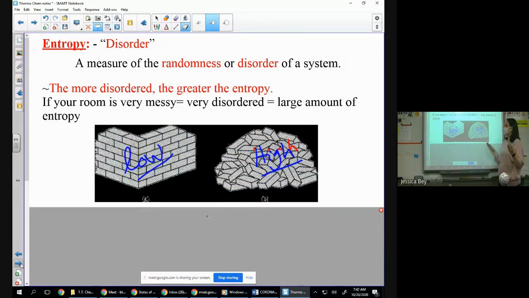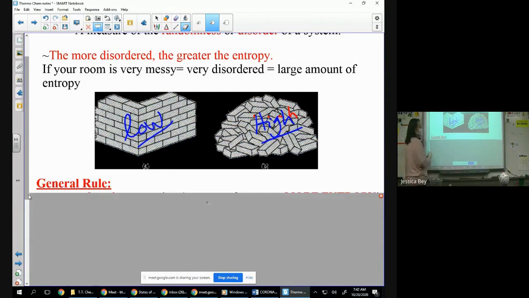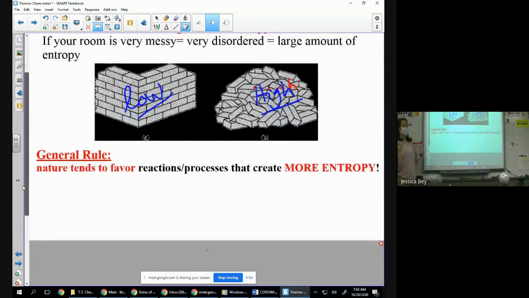So entropy is just disorder. Now, one of the laws of nature, kind of we've been talking about a lot of those here, is there's a general rule that nature favors more entropy. So that's why when you clean your room and a week later it's a hot mess again, is because nature tends to favor more entropy.